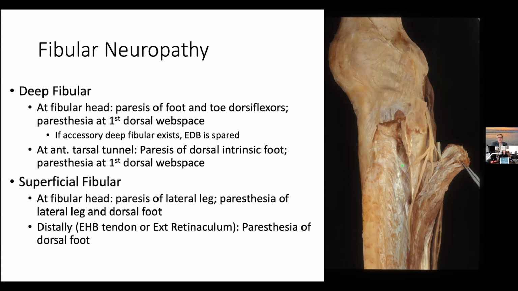After the extensor retinaculum, it would pop off, and it gives that cutaneous component. My guess is that the motor branch is in there, because the extensor digitorum brevis muscle belly is right on the dorsum of the foot. So it makes sense to me that those fibers, as they're going cutaneously, would also carry some fascicles that go directly into that muscle.